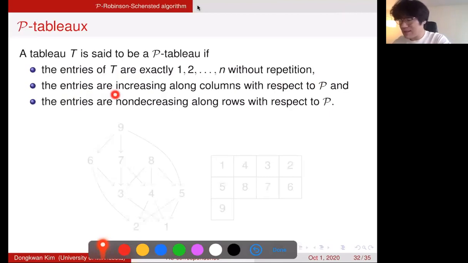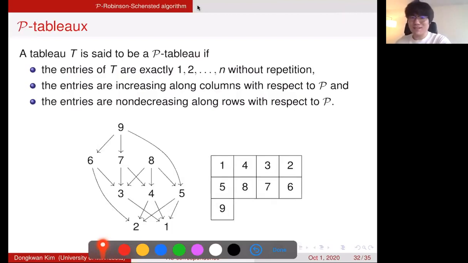The entries are increasing along a column with respect to P, so each column is a chain, like a standard tableau. The entries are non-decreasing along rows with respect to P, like the standard tableau. So if P is the usual order, it's really a standard tableau, but if P is not the usual order, it's something different. I believe that it's a correct generalization of the standard tableau for this P version.